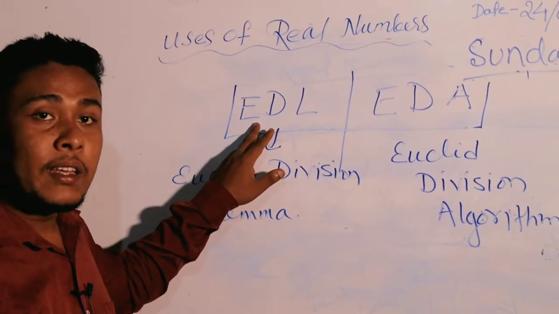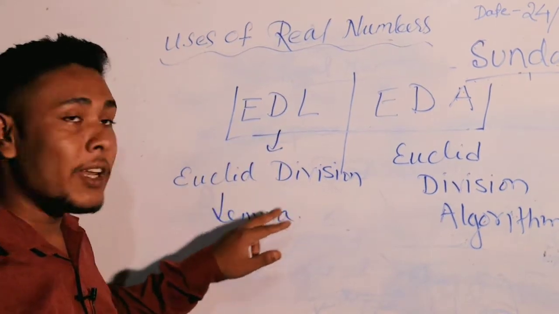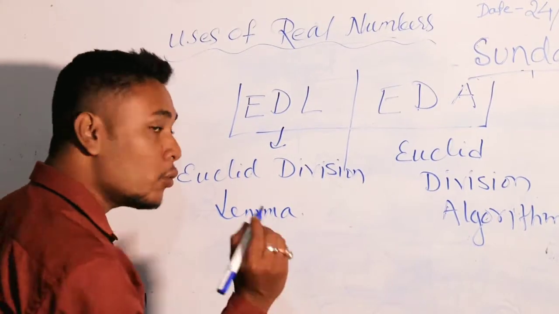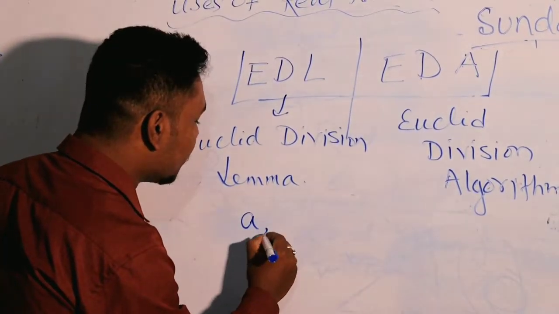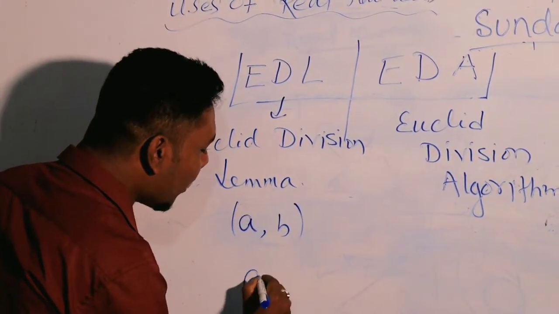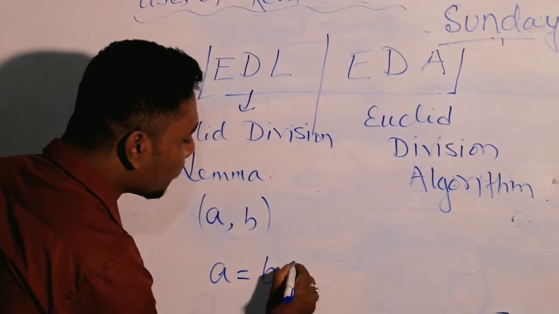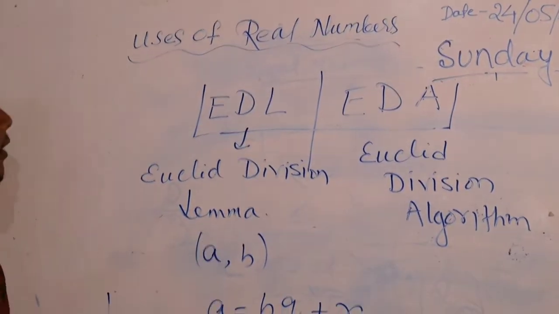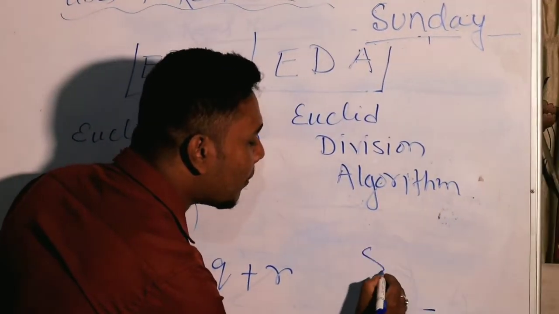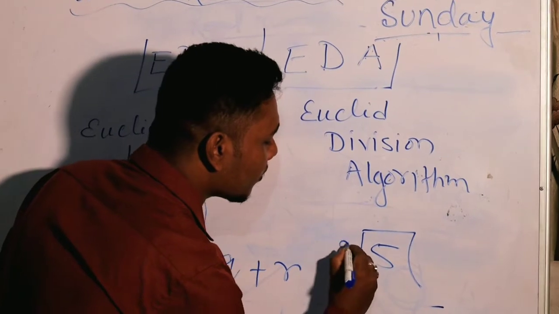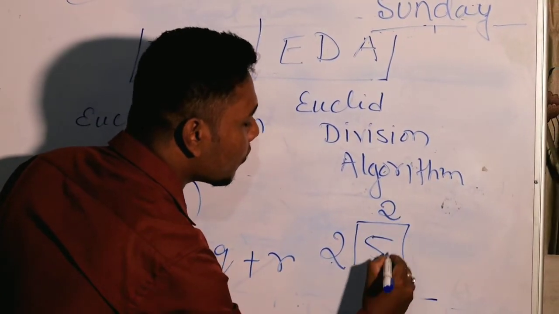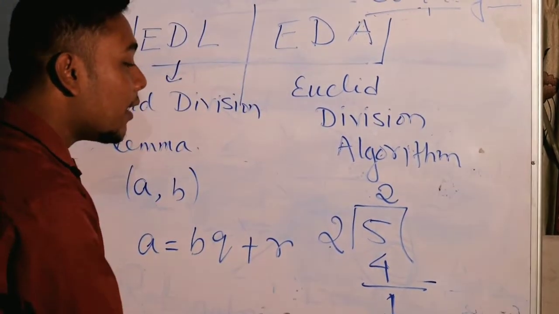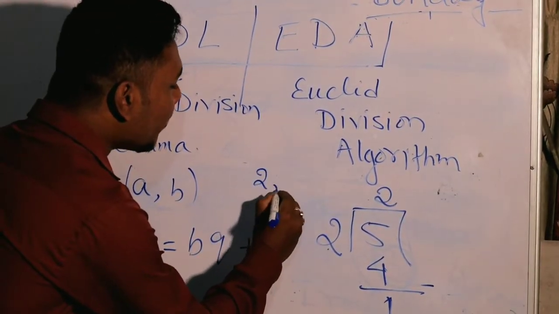The first part, EDL, stands for Euclid Division Lemma, which is a step on two numbers A and B, where A is equal to BQ plus R. Just like division, suppose 5 divided by 2: the quotient is 2 and 1 is the remainder. So there were two numbers, 2 and 5.